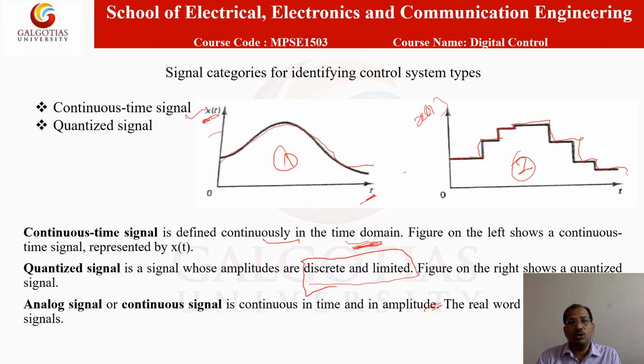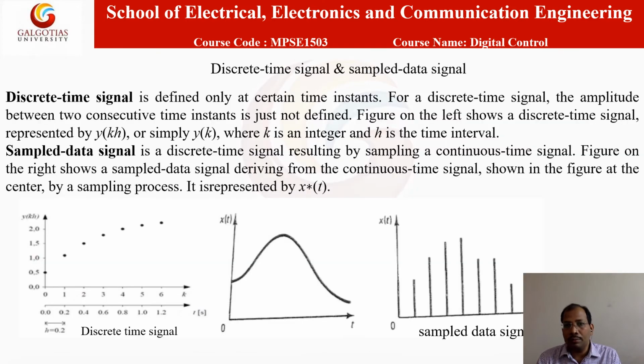Based on the signal, you can define whether this is a discrete control system, digital control system, or analog control system. Now come to the discrete time signal and sampled data signal. Suppose we consider a discrete time signal: it is defined only at certain time instants, and in between those instants it will be 0.